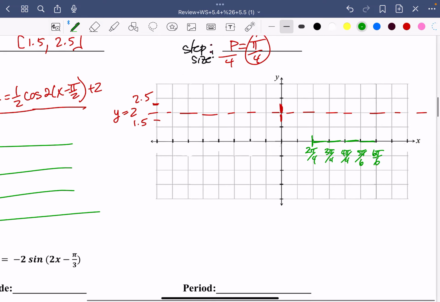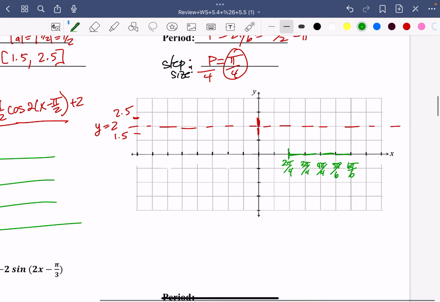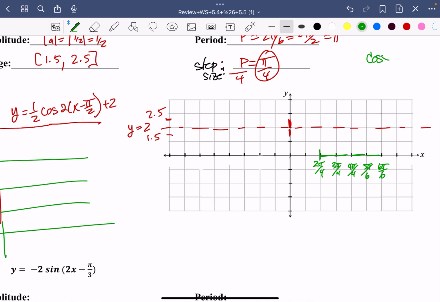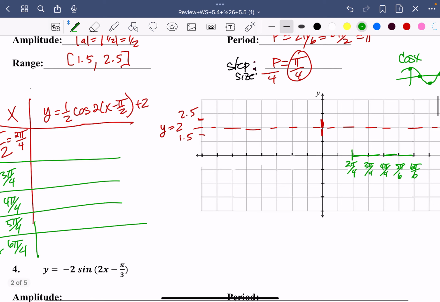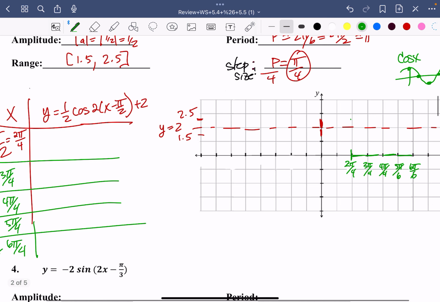Okay, since this is a cosine function, I know that the basic cosine function starts at a peak, midline, then goes to valley, midline, peak. So basic cosine looks like this. All right? So that means here, in terms of mine, it's going to start off at a peak, which is up here at 2.5.